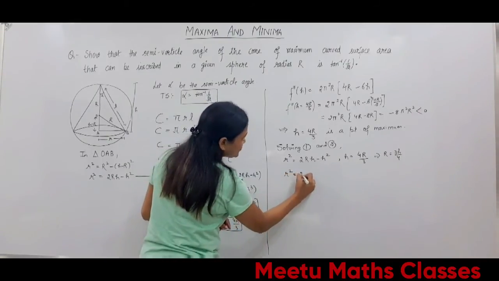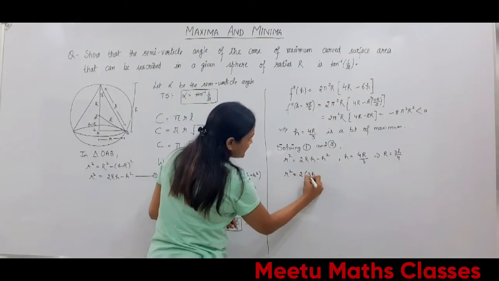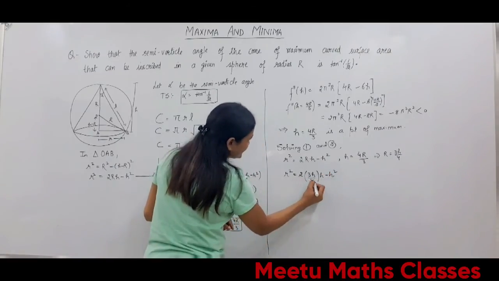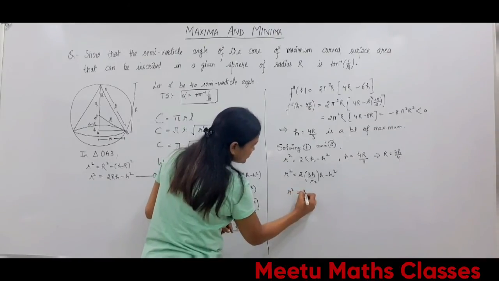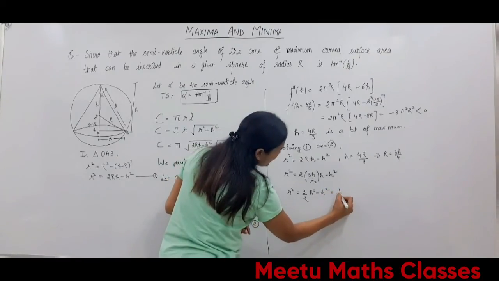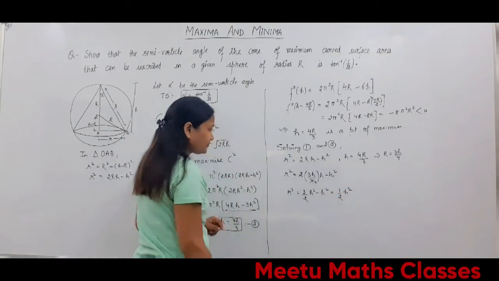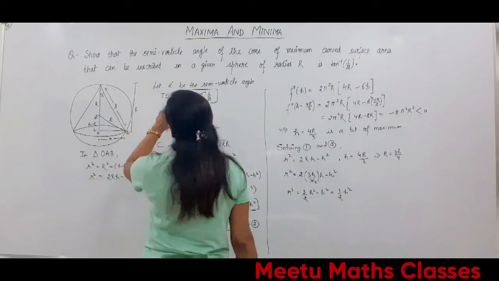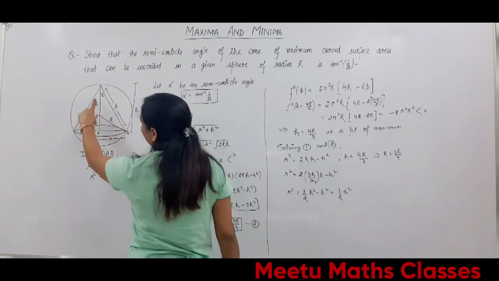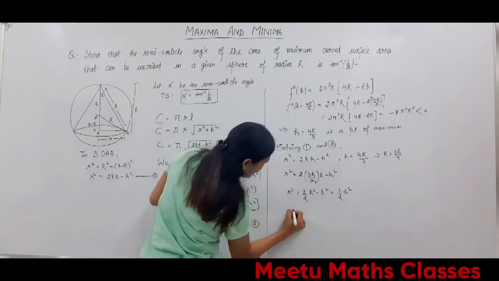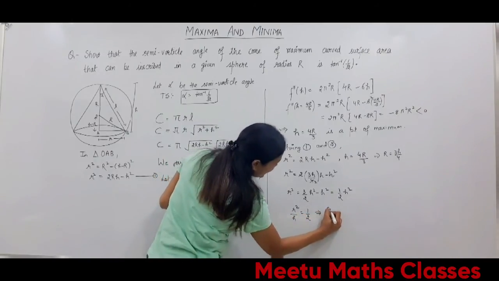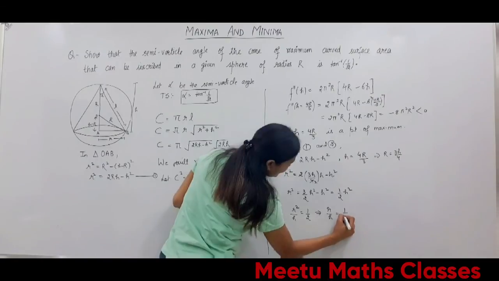r square is equal to 2 times R, which is 3h upon 4, times h, minus h square, and that is r square is equal to 3 by 2 h square minus h square, and that is 1 by 2 h square. So to find the value of tan alpha, this is base, this is perpendicular, r by h. So r square by h square can be written as 1 by 2, and r by h can be written as 1 by root 2.